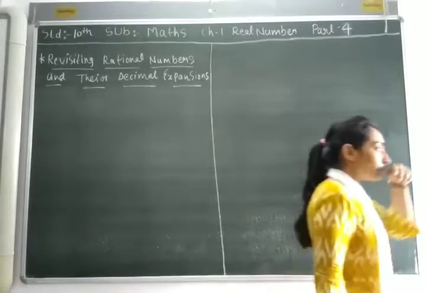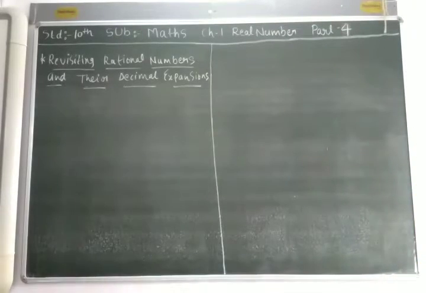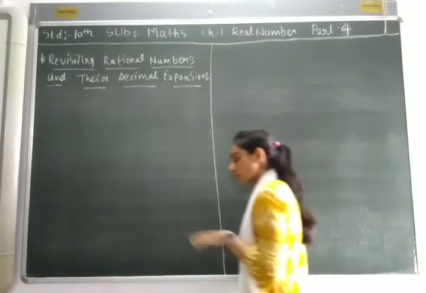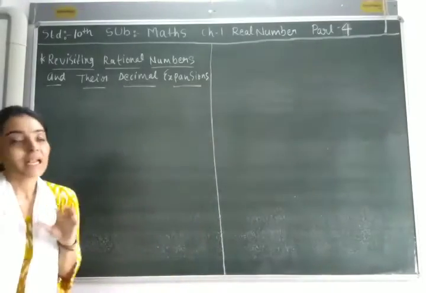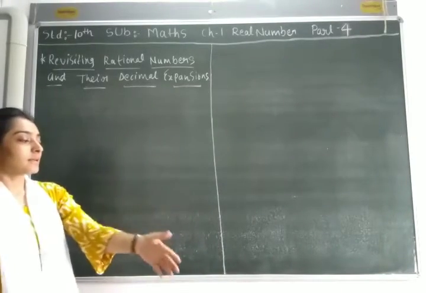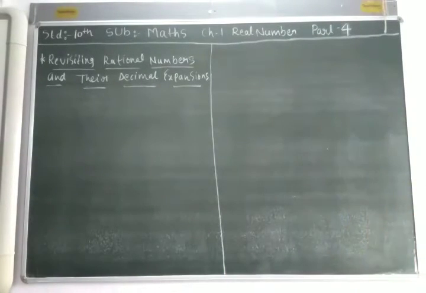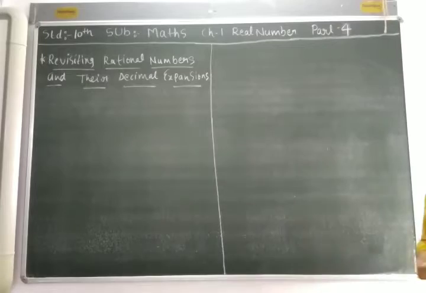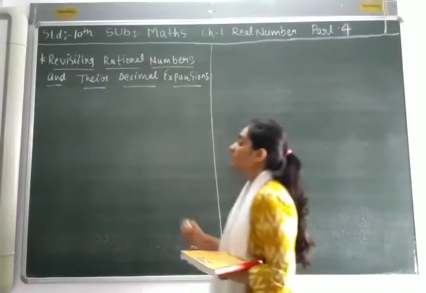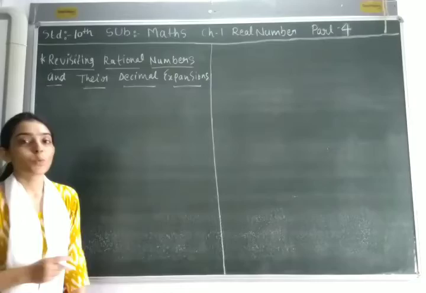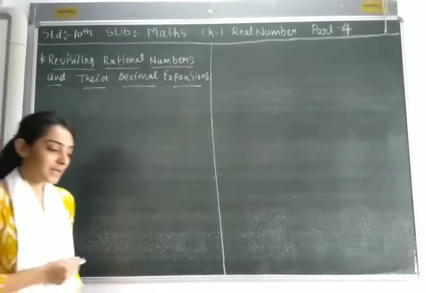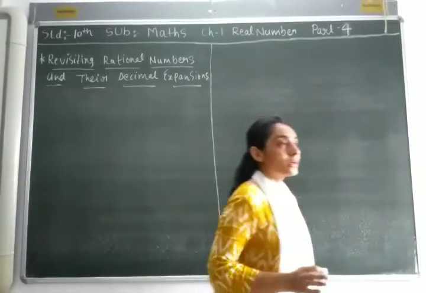So without doing the long division method, we can directly say this decimal is terminating and this one is not terminating. Now, before starting this topic, let's quickly revise what is terminating and what is non-terminating.